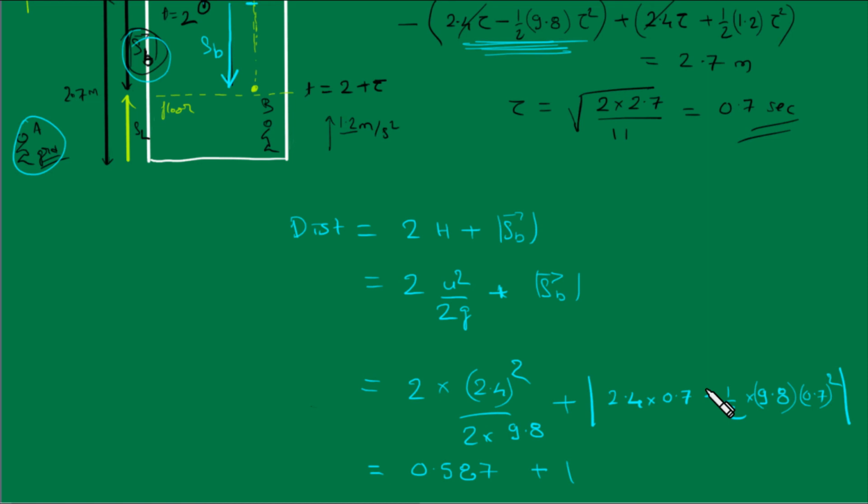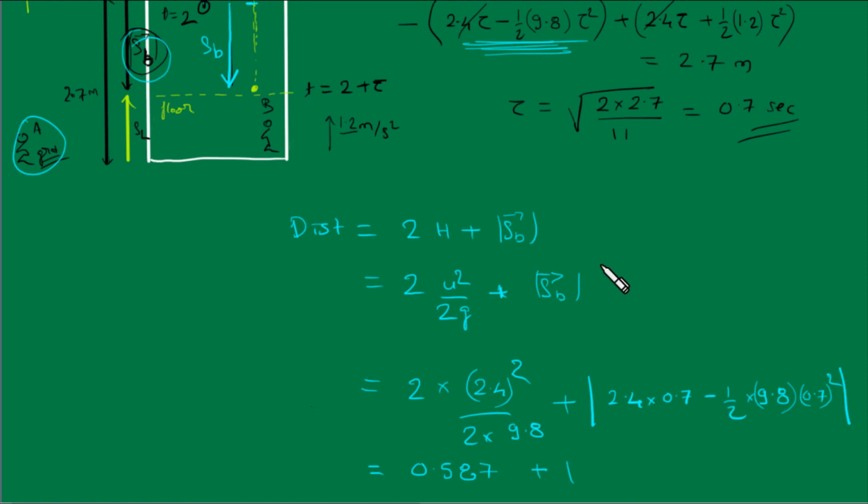Let me just check it once again. I think I made some mistake. 2.4 into 0.7, yes, minus, I'm getting 4.9 into 0.49. I think this is right.